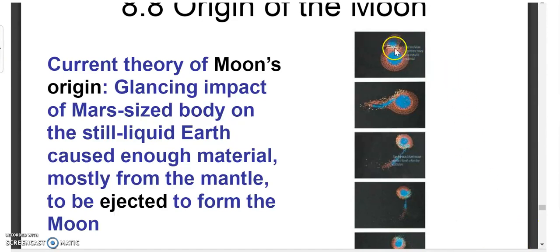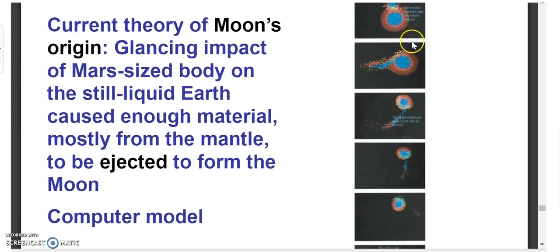All right, so anyhow, this Mars-sized object hit the Earth at a glancing angle, not direct on, and the computer models have actually shown this. Basically what happens is this Mars-sized object was completely vaporized on impact, and it actually turned the Earth molten, and then the Earth, of course, cooled down and solidified again, at least the crust solidified.